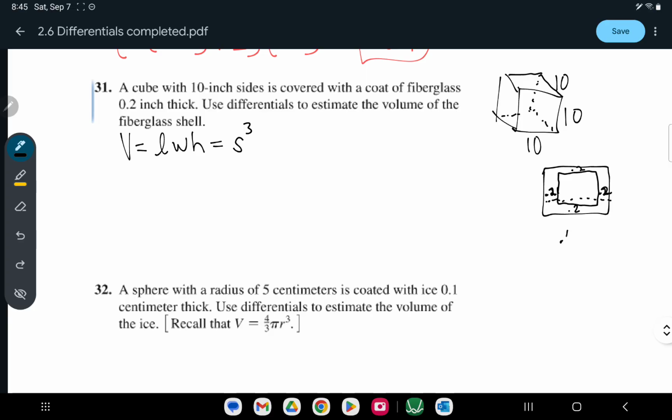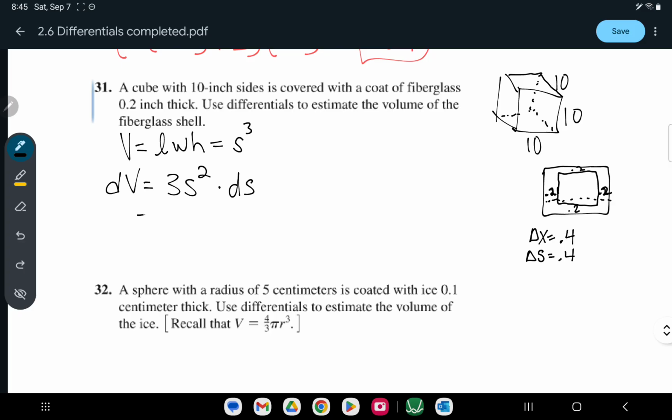So my change is actually 0.4. Change in x is 0.4. So I could really say my change in s for side is 0.4. So with differentials, let's find dV. dV is the derivative, so 3s squared times the change in s.